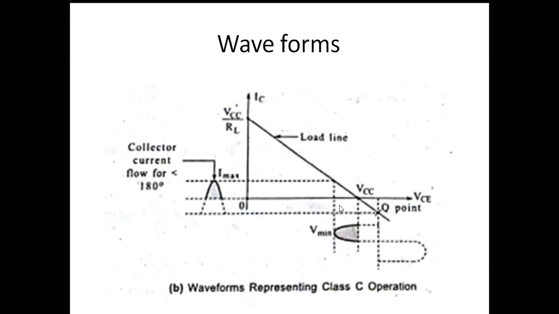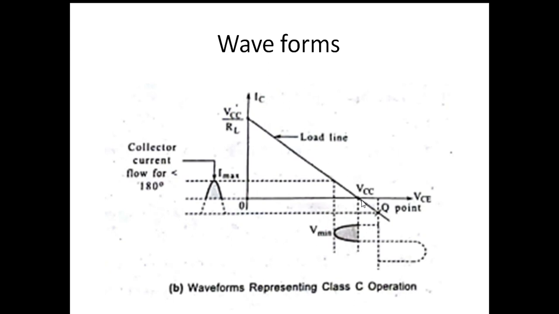If the operating point is in the cutoff region or in the saturation region, then the signal is amplified for below 180 degrees period of conduction. The period of conduction of the input signal is only below 180 degrees. Therefore, this kind of amplifier is called a class C amplifier.